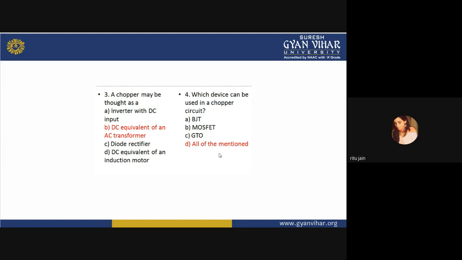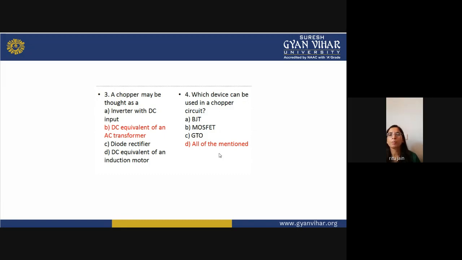So next question is question number three, in which you can see that a chopper may be thought of as an inverter with DC input.